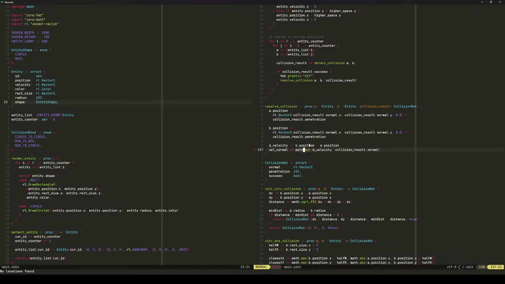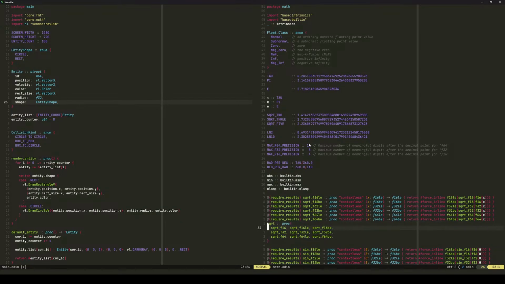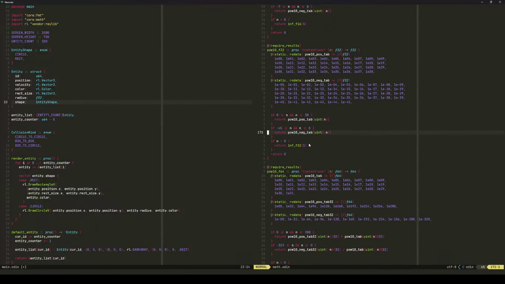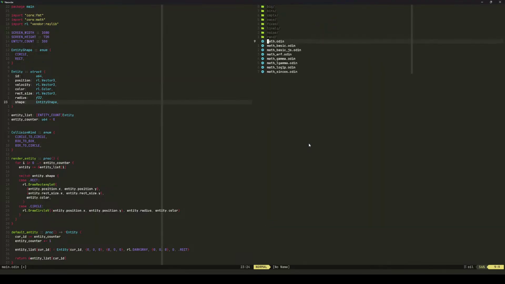Is there no dot product? Huh. Bro, are you serious? Are these C things which are changed into the Odin? Where's this file, bro? Inside core.